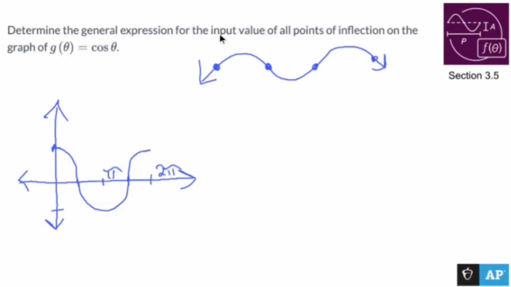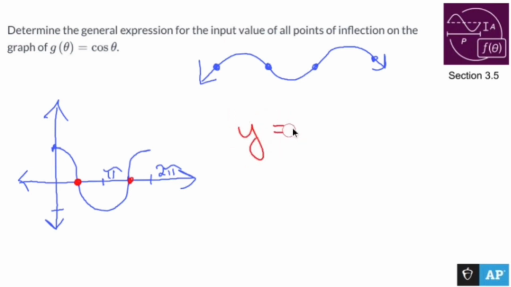So the input value for all the points of inflection are basically where we see this change in concavity, like here, here. So like half a pi. Well, that was a close one. So half a pi, 3/2 pi. Basically, every half a pi plus 1 pi. So let's set it up like this.